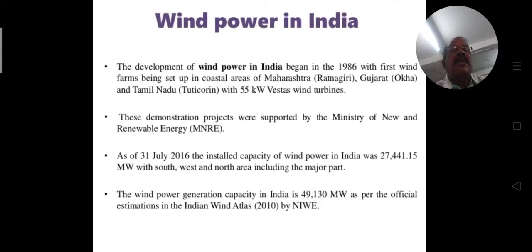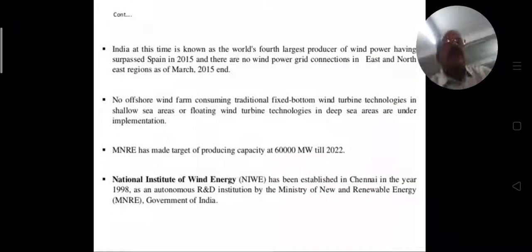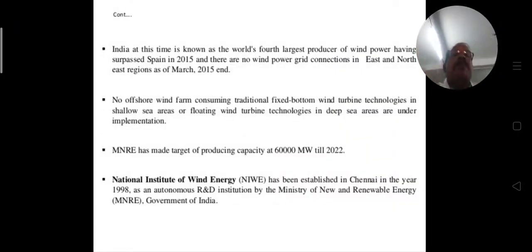The wind power generation capacity in India is 49,130 megawatt as per the official estimation in the Indian Wind Atlas 2010. And this renewable energy has made a target to produce a capacity of 60,000 megawatt till 2022.